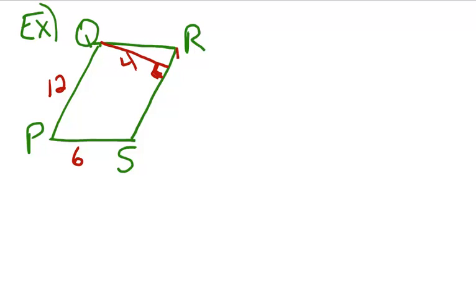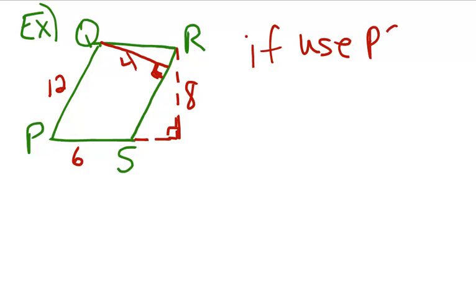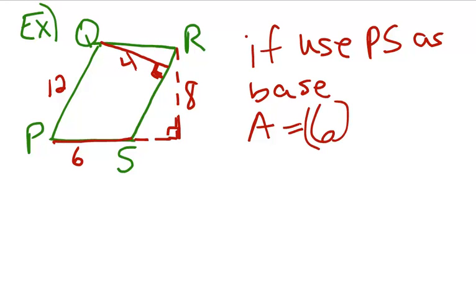And then I'm also going to drop a line down here. So this would be outside, and that measure is going to be 8. So depending on my parallelogram to find area, if I use PS as the base, then my area equals base, PS, right here is the base, so 6, times the height.